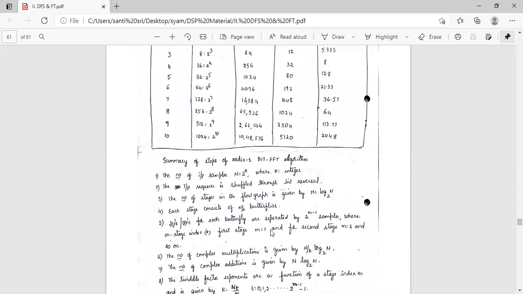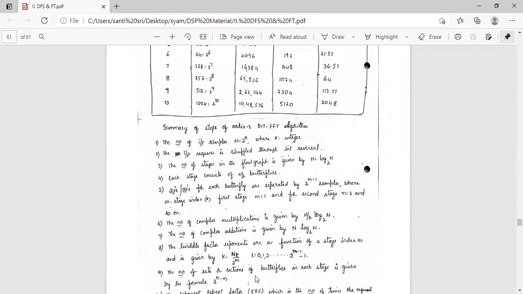The number of complex multiplications is given by N by 2 log N to the base 2, whereas the complex multiplication in DFT is N squared. The number of complex additions is given by N log N to the base 2. The twiddle factor exponents are a function of the stage index m and are given by k equal to N t by 2 power m, where t varies from 0, 1, up to 2 power m minus 1 minus 1.